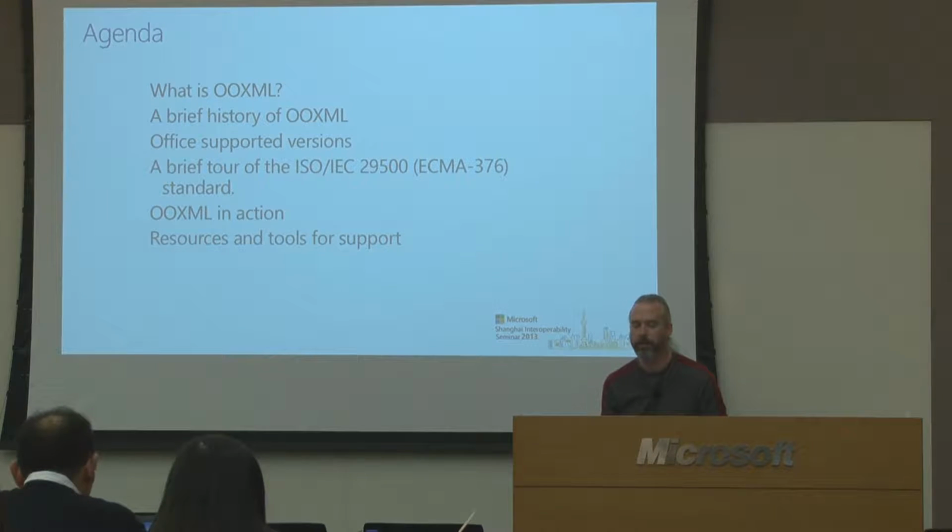This is the ISO IEC 29500 and ECMA 376 standard. And then we'll see a little bit of it in action. I'll just open a couple files, some test files, so you can see what it looks like. We'll tour around a little bit, and I'll show you what that looks like. And then I've also got a couple pages on tools and resources that you can use to support or to actually work with the format.